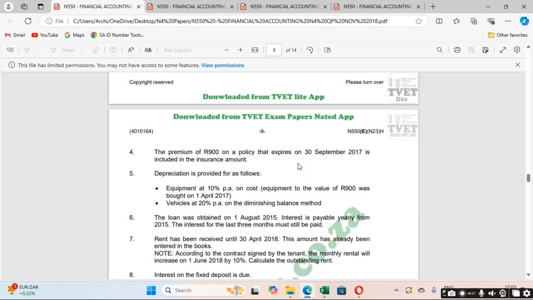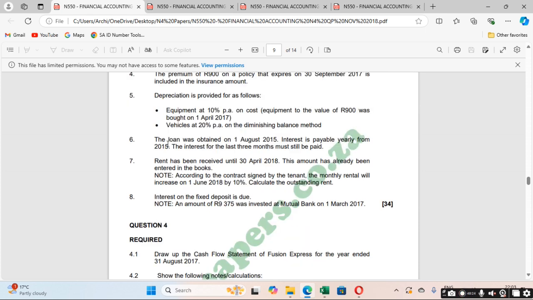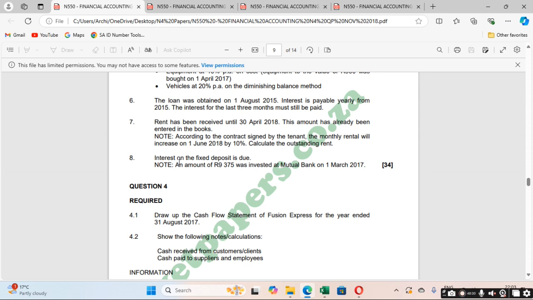Premium of 900. This one, we know it. I will also do this interest on fixed deposit is due. I think this is one of the tricky transactions to do. Okay, so let me do this quickly.